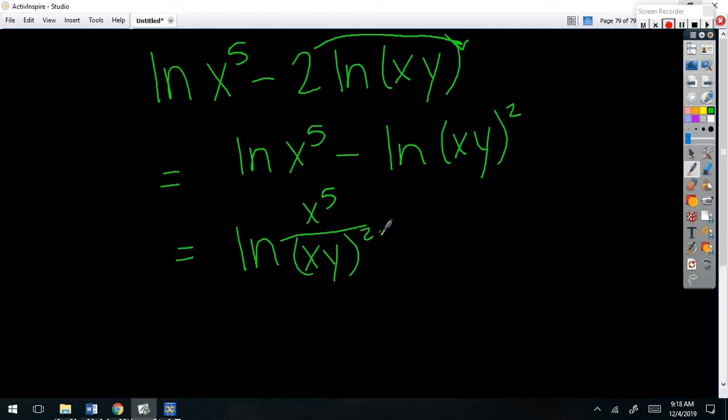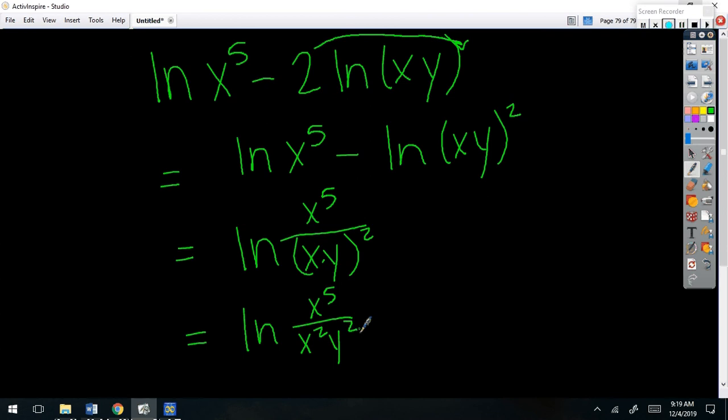Now this one's a little different because technically it's condensed, but I can simplify some things here. Because I'm multiplying in this parentheses and I'm not adding or subtracting, I can distribute that exponent, right? So this becomes x to the 5th over x squared y squared.